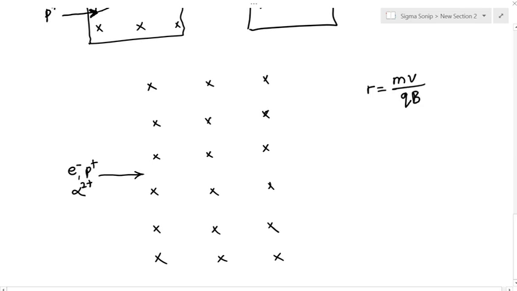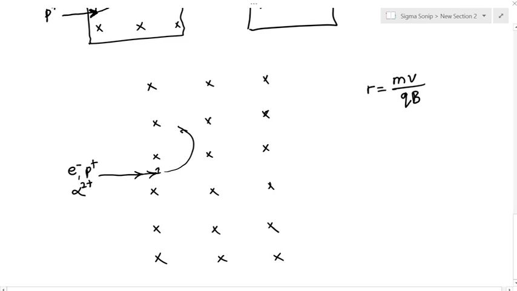First, when my velocity is like this, the force on a positive particle, using the right hand rule again, with thumb extending in the direction of velocity and fingers extending in the direction of the magnetic field, which is into the page, will be in this direction, and the positively charged particles will move in this direction.